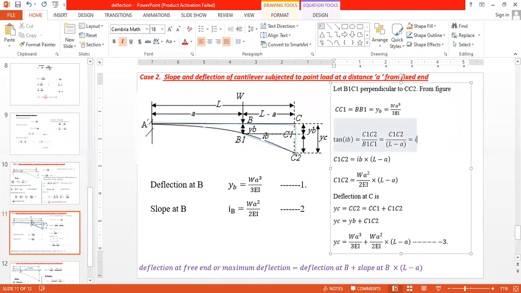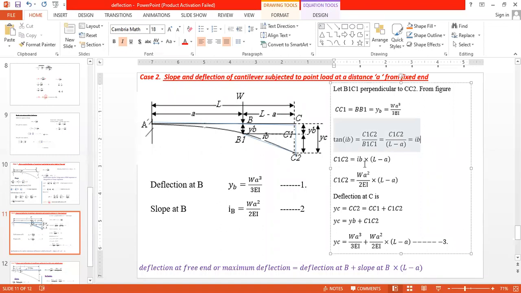For small slope, tan of the angle is equal to that angle, so I can write C1C2 equal to IB into L minus A. Therefore, C1C2 is equal to IB into L minus A.